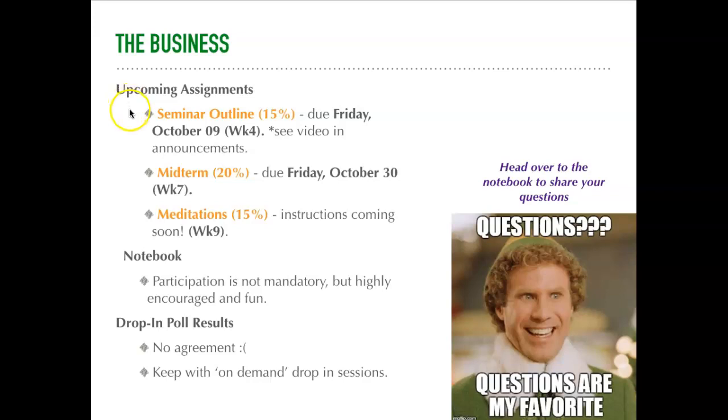But just to give you a heads up of what's coming up on the horizon, at the end of week 4, you will have the seminar outline, which is worth 15% and is due on Friday, October 9th. So hopefully you've started digging into what kind of topic you'd be interested in for your final seminar, and started to work out some of the outline ideas and proposals.